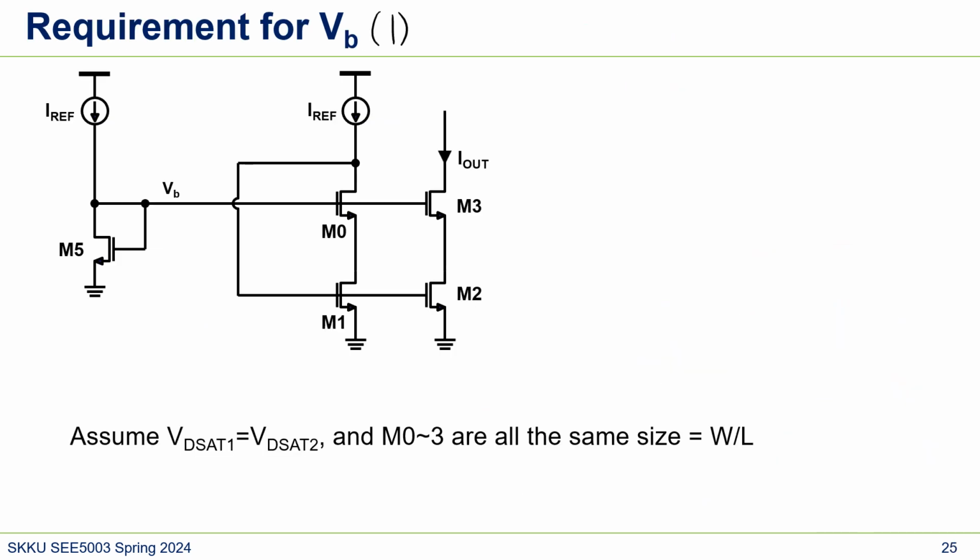Here's a first way to generate VB. We now have this new branch, where we're using one more IREF and another current mirror. So our goal here is that VB should be equal to VGS0 plus VDSAT1.